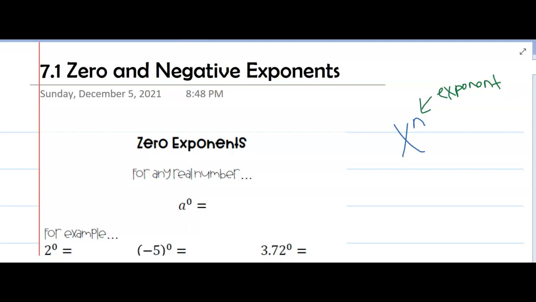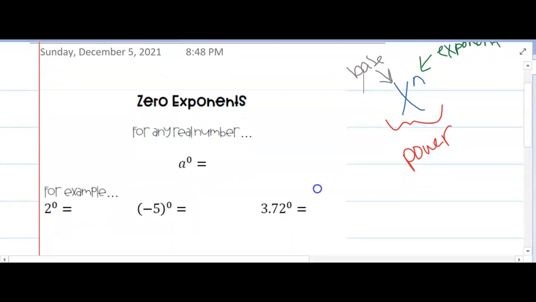What we call the exponent, this entire thing, is actually called a power. So we have our exponent, which is the little number. The big number is going to be called the base, and then all together is going to be a power, and the little number is going to be the exponent. So I'm going to try to do a better job at using the correct vocabulary.